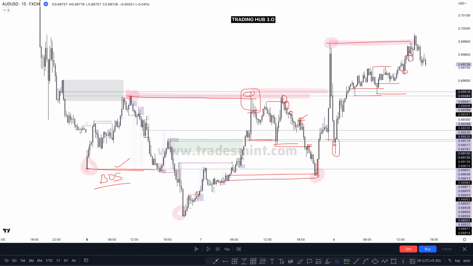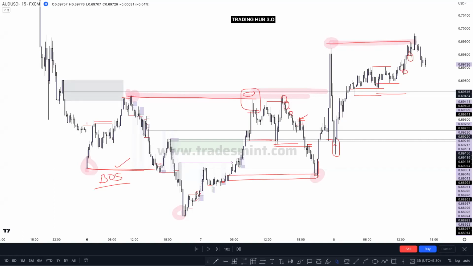Any early indication of trend change? Sir, to identify trend change, there are a few indications: the market sweeps the high or low, right? Then it gives you an indication of the trend change. Another thing is, if the market taps on any higher time frame PY, then the market changes.